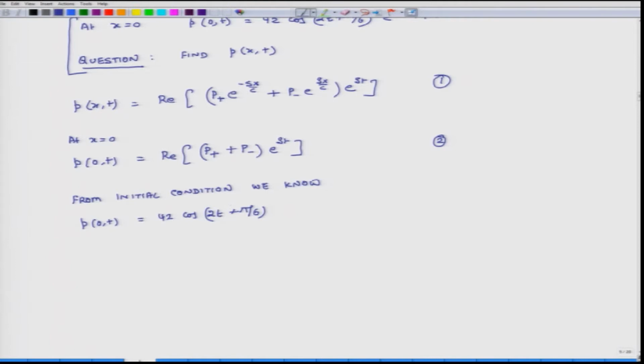This is something we already know because we used a microphone and measured it, and I can express this as the real part of 42 e to the power of j times 2t plus pi over 6. This is my equation 3. If I take the real part of the expression in the bracket, I get 42 cosine of 2t plus pi over 6.